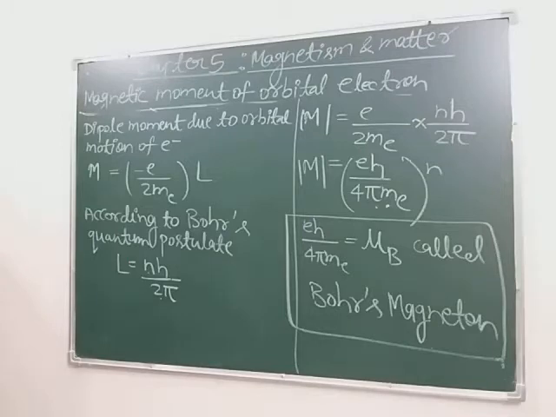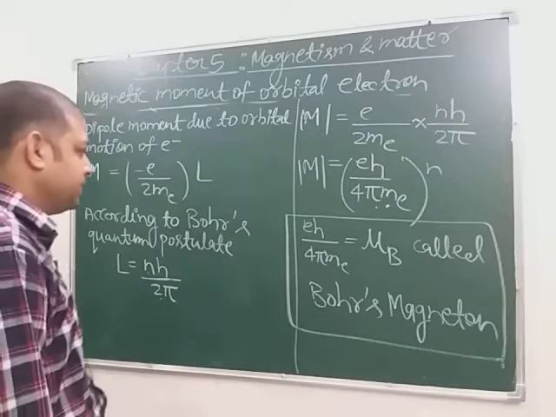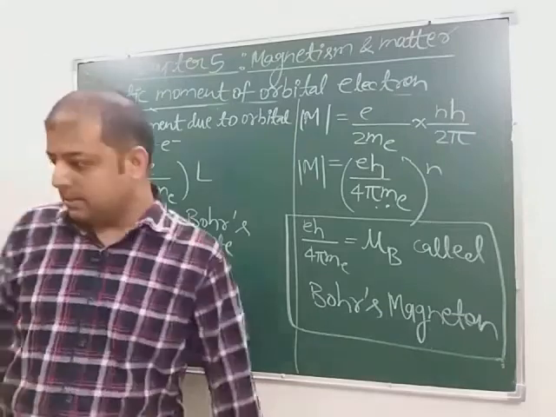This mu b is called Bohr's magneton, and its value is eh upon 4 pi me. And we can calculate its value as well. What will be its value?